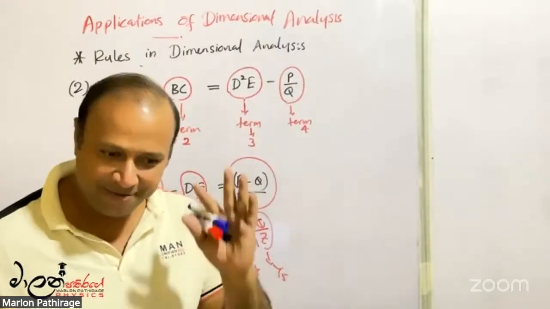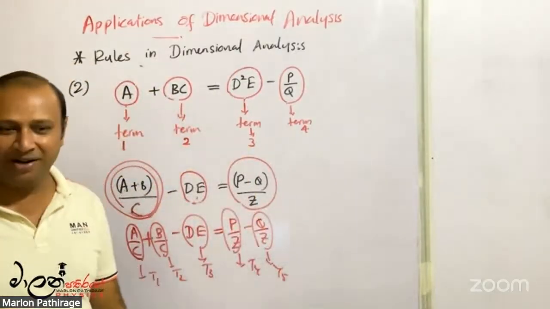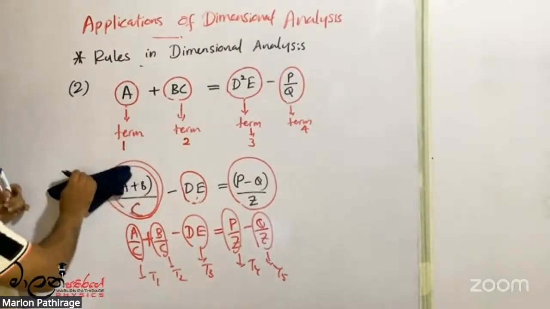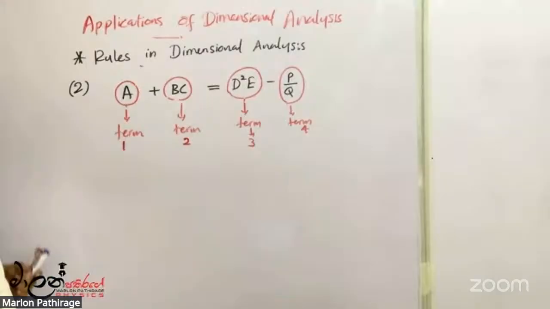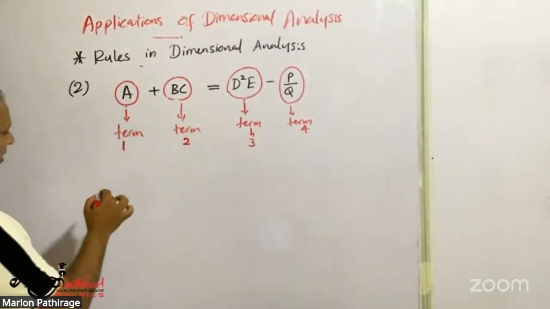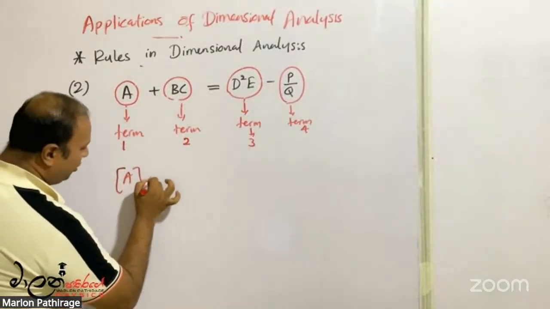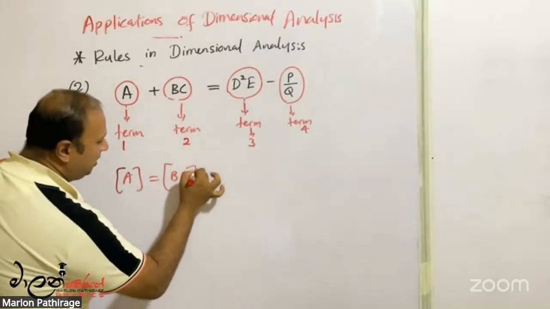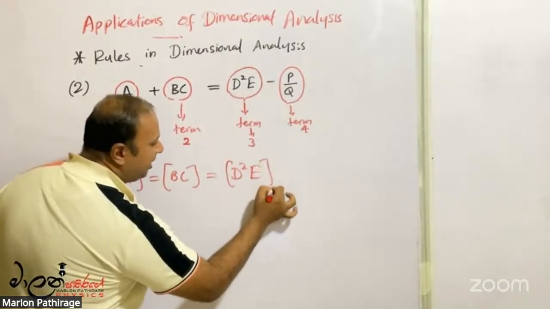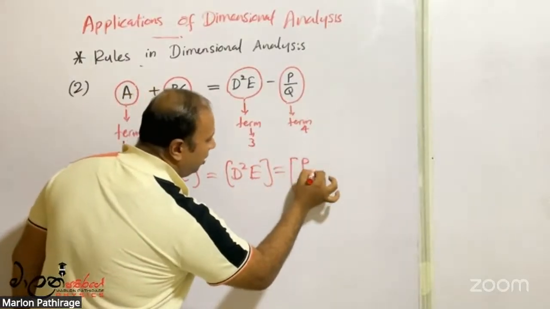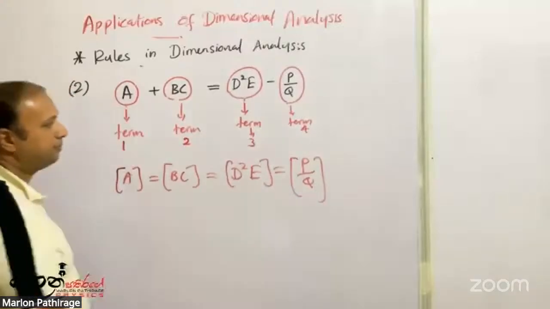If it is clear, please raise the hand. Therefore, dimension of A should be equal dimension of BC. That should be equal dimension of D squared E, and that should be equal dimension of POQ.